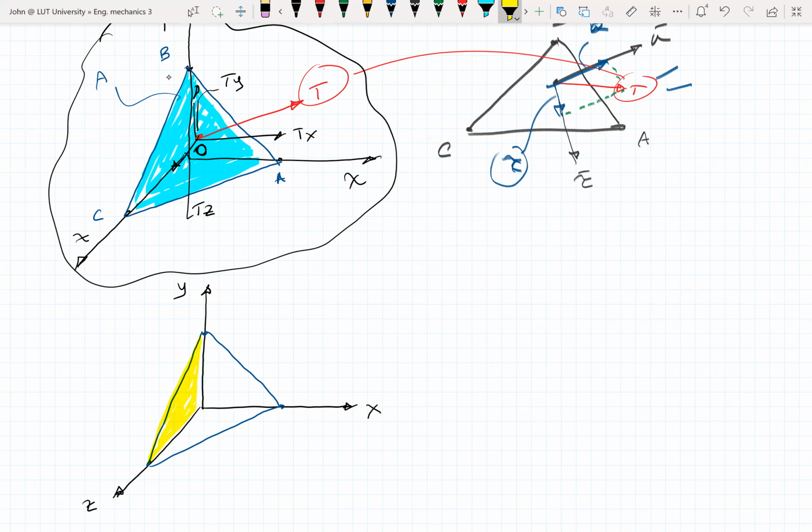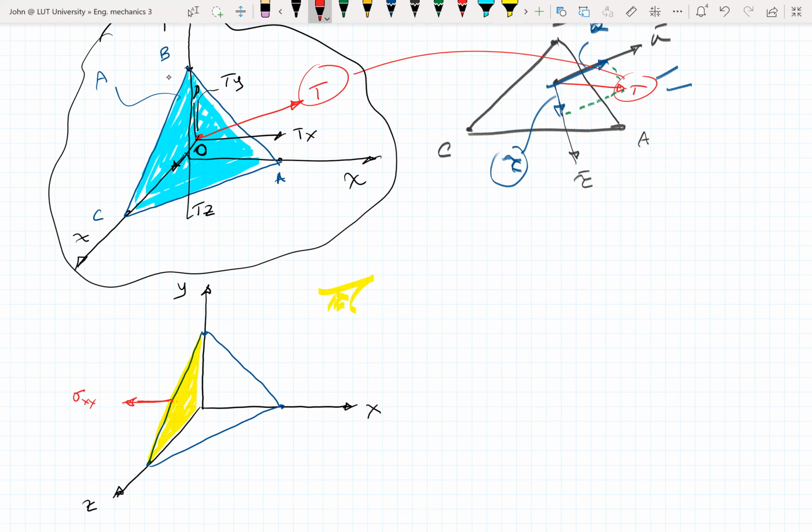Remember that this is as if I had the infinitesimal cube and I just cut a little corner of that cube, putting a plane through a small corner of that cube. In this case, I will have the following stresses applied to this system. The first one is going to be, well, this yellow face: the normal stress, sigma xx.